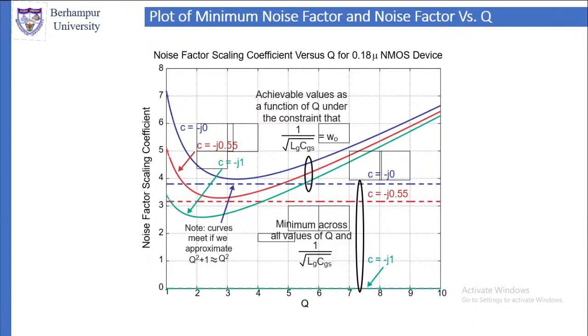The minimum across all values of Q is between these 2 points, 3 to 4. And for C equal to minus J1, that gives you 0. Minimum will be 0, so that is along the x-axis.